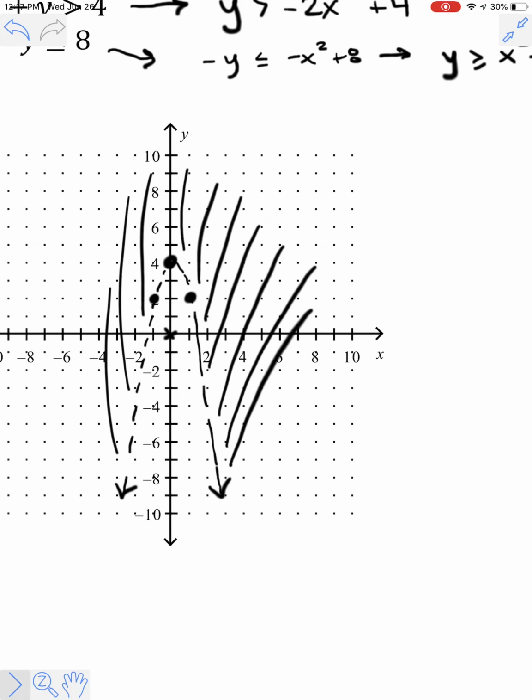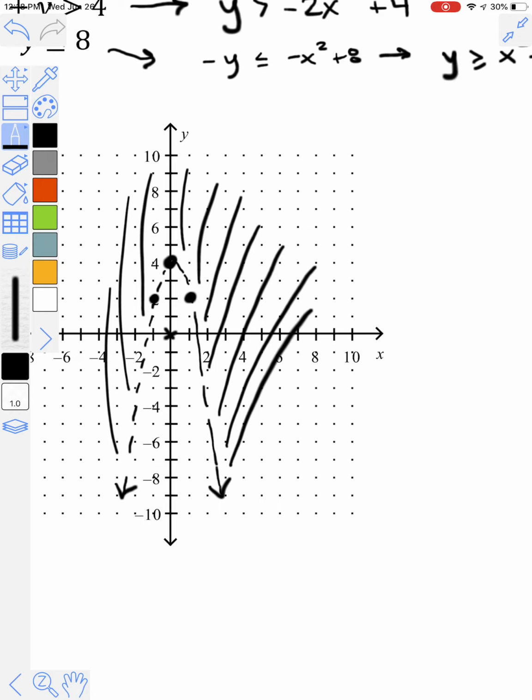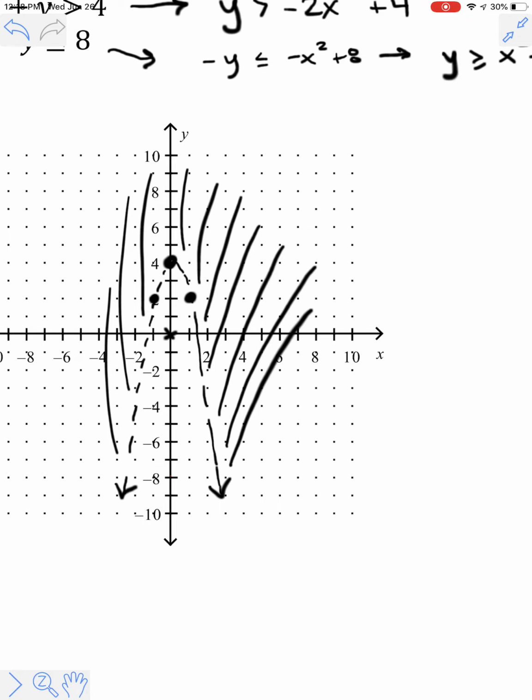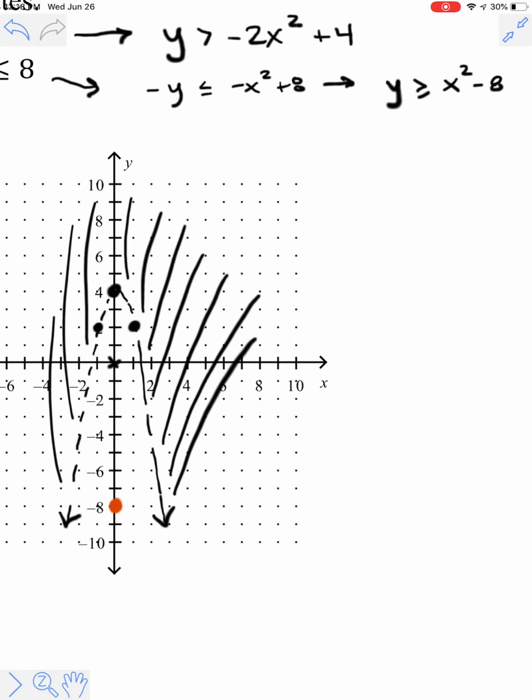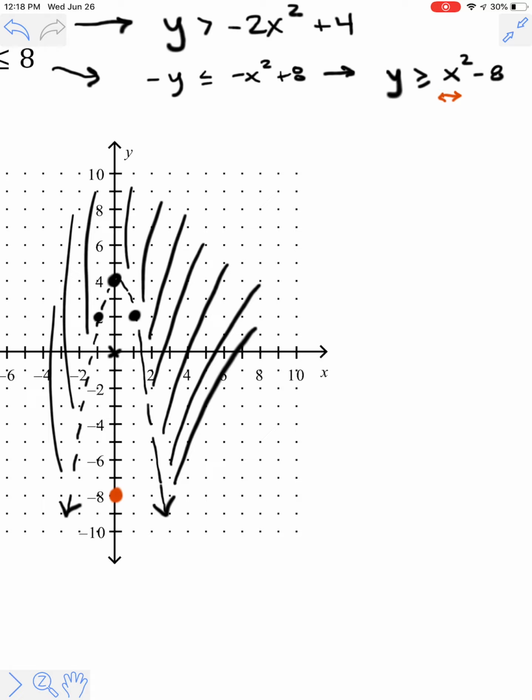So this is, let's try a different color, a parabola that's moved down 8 units. And there isn't any left or right movement there inside the function, and there's not a vertical compression. And it's greater than or equal to, so this one's going to be a solid parabola.